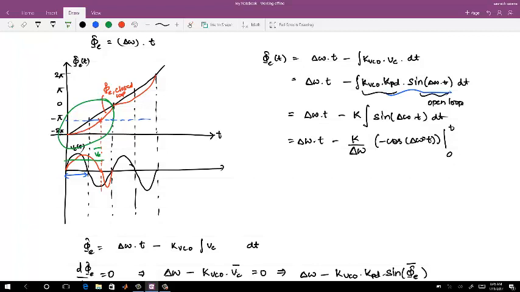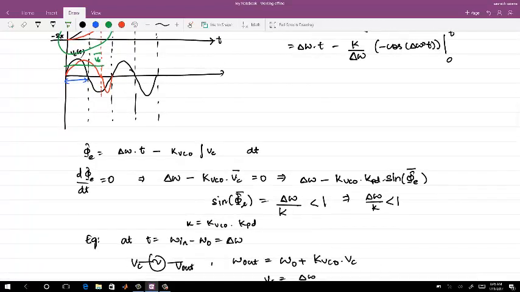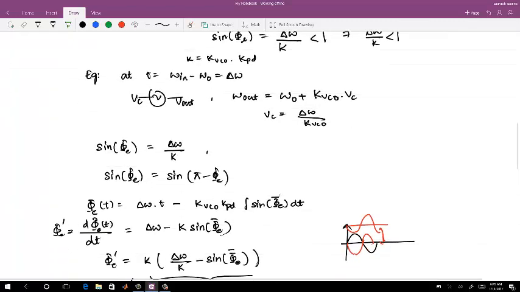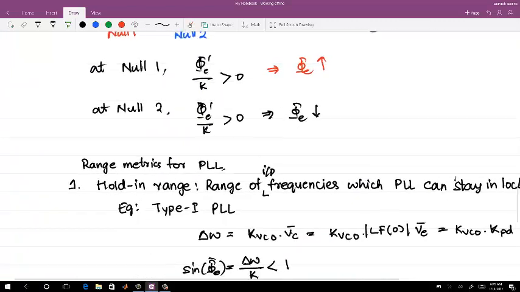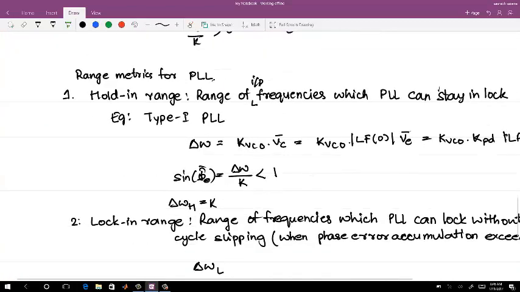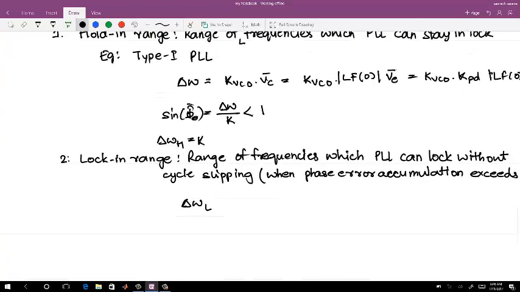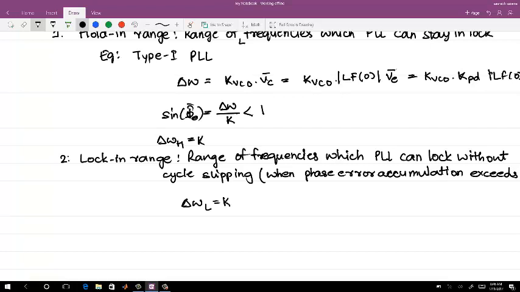But here, since delta omega by k is less than 1, then as per our error and the VCO equation, we are able to develop that control voltage within one cycle, because we have seen even in the stability that within 0 to 2 pi you lock in. So lock-in range of this particular PLL is also equal to k in this case.